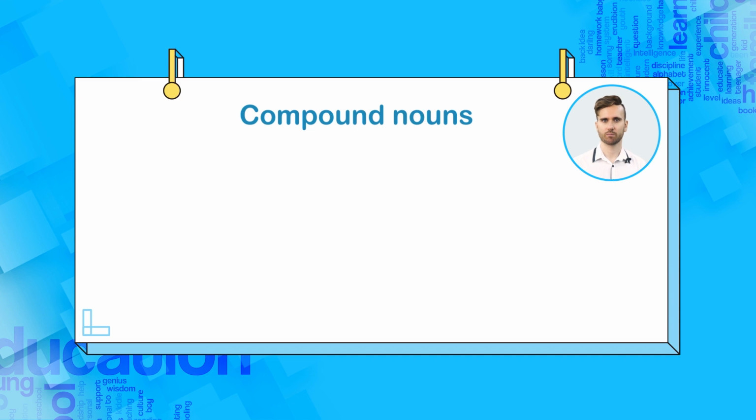Compound nouns, which are two words joined together to create a single noun, also behave similarly. Because a compound noun is a single noun, the word has a specific meaning that is different from the meaning of the two words separately, which is a noun phrase.